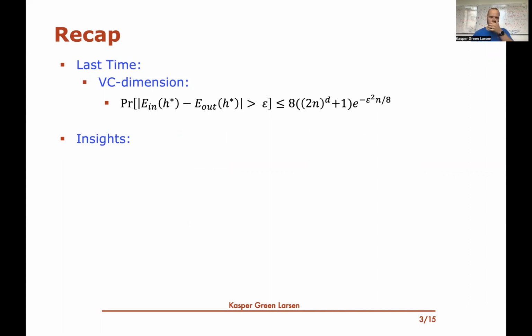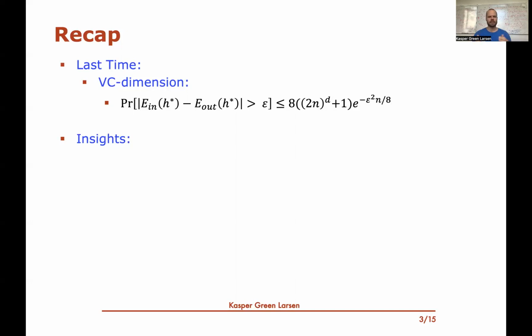And basically, we showed that if you have a bound on the VC dimension of the hypothesis set that you're using to find a good hypothesis for your data, then you could give these guarantees that say, well, basically the probability over a set of n training examples that the hypothesis H star that your machine learning algorithm outputs, the chance that the in-sample error of this hypothesis, the performance on the training data, differs from the outer sample error, so the chance of making a mistake on a new data point, the chance that these are more than epsilon apart is no more than this expression here on the right, which has a term here which is like 2n to the VC dimension, and it has an expression that's e to the minus epsilon squared and up to constant factors.